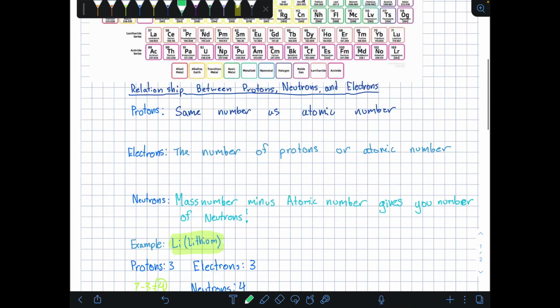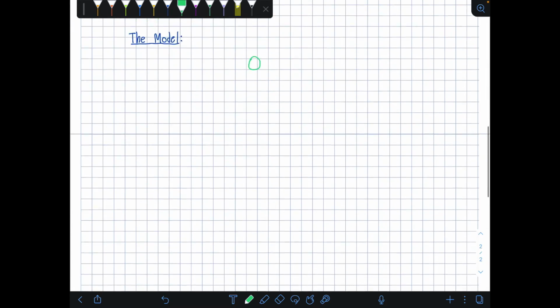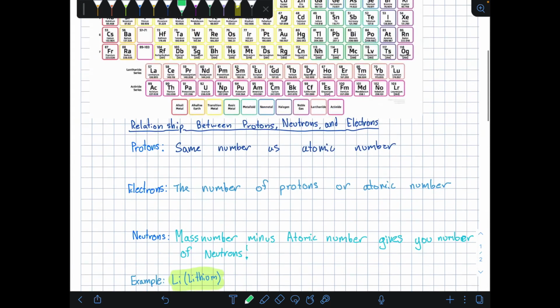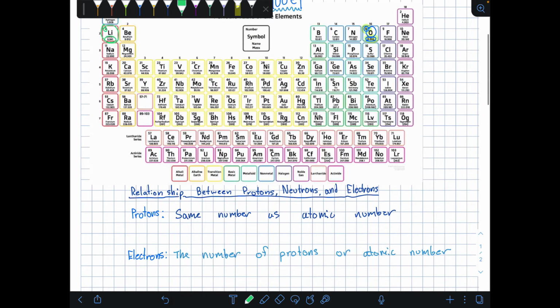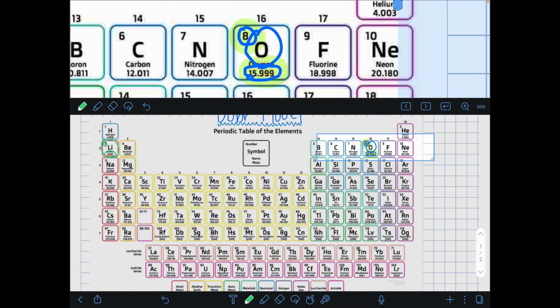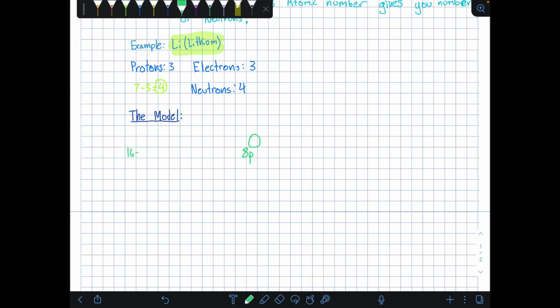You know your atomic number here is 8, so you're just going to have 8 protons. And now what about neutrons? We have 16 here as our mass number and 8 as our atomic number. 16 minus 8 is just 8, which means we also have 8 neutrons.